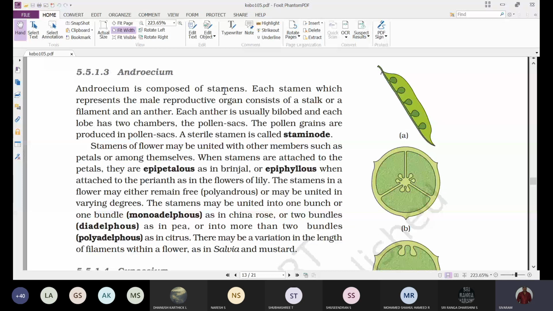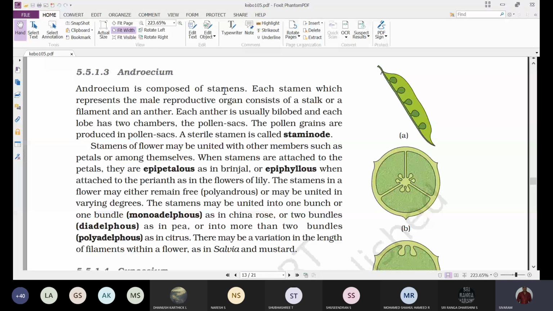Each stamen consists of a stalk or a filament and an anther.